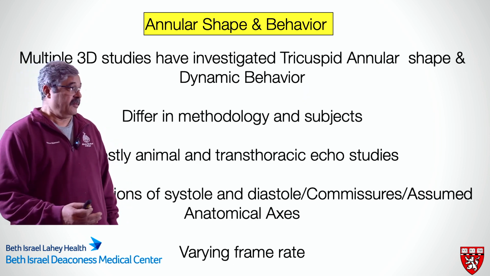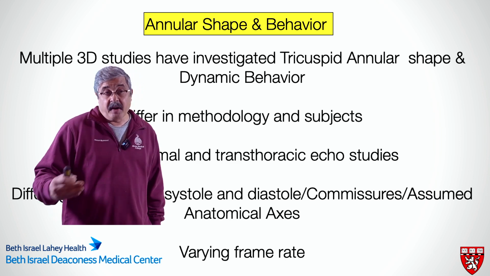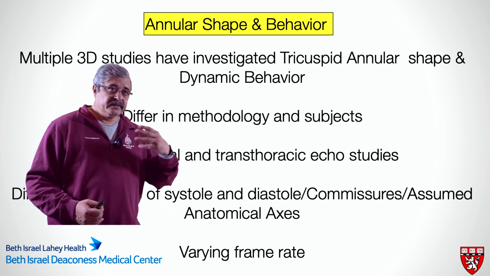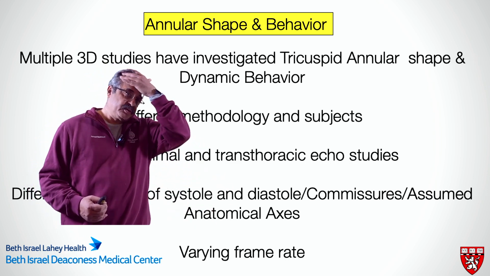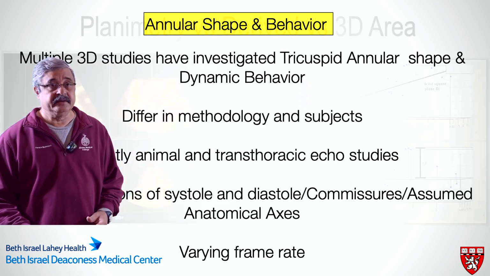So it really depends on how many frames you have for analysis. So it's possible to have differences, like I said in the beginning. It could possibly relate to difference in methodology and the subjects as opposed to an actual difference in the behavior of the tricuspid annulus.